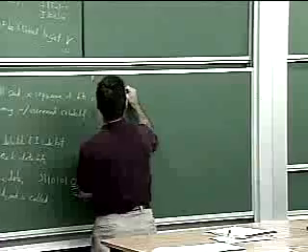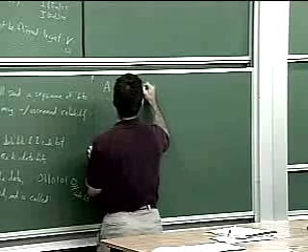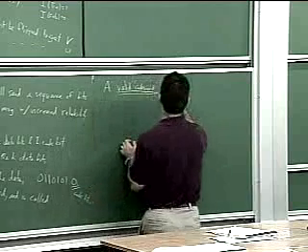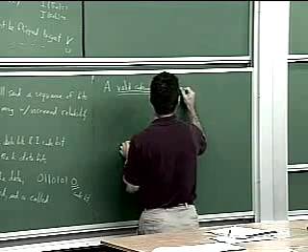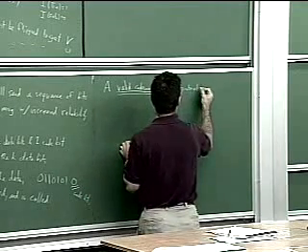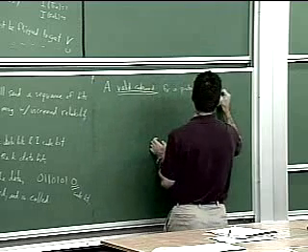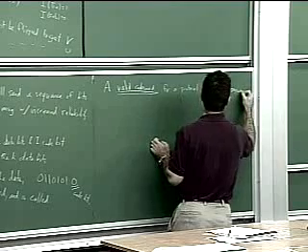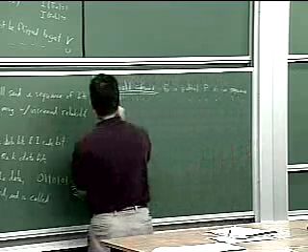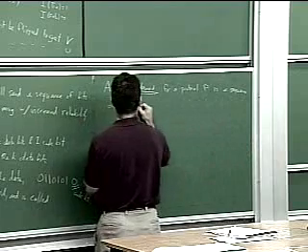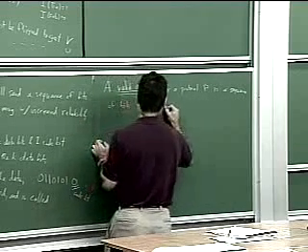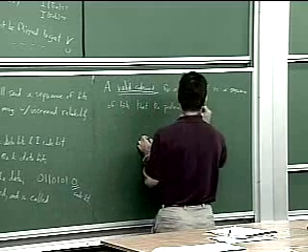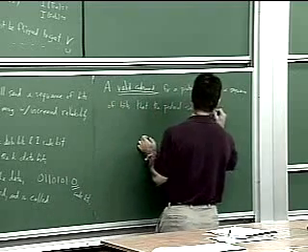A valid code word for a protocol P is a sequence of bits that the protocol sender can legitimately send.